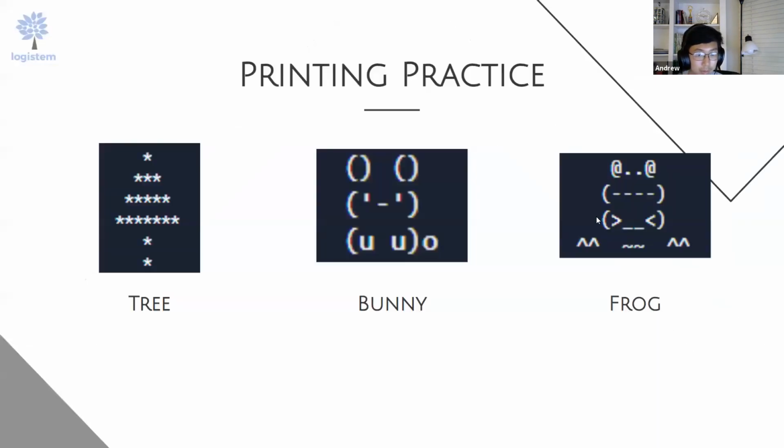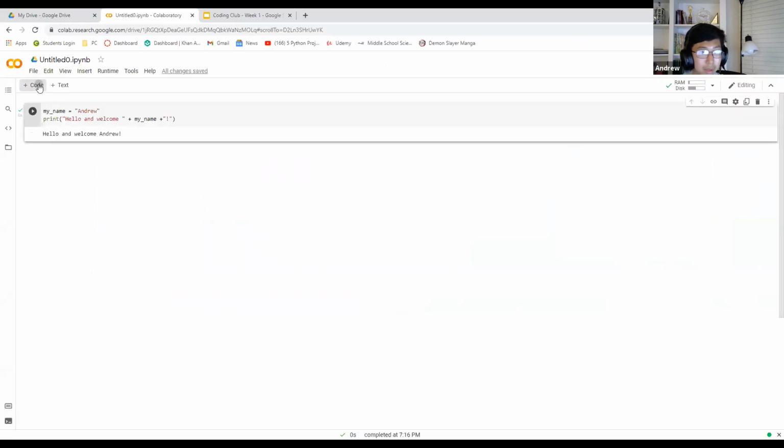So hopefully you guys got the first print statement down. That was pretty simple, but here are just 3 extra practice questions. Try printing these 3 symbols. If you want to print a second line, just press enter and do a second print statement. So let's say I wanted to print 2 things.